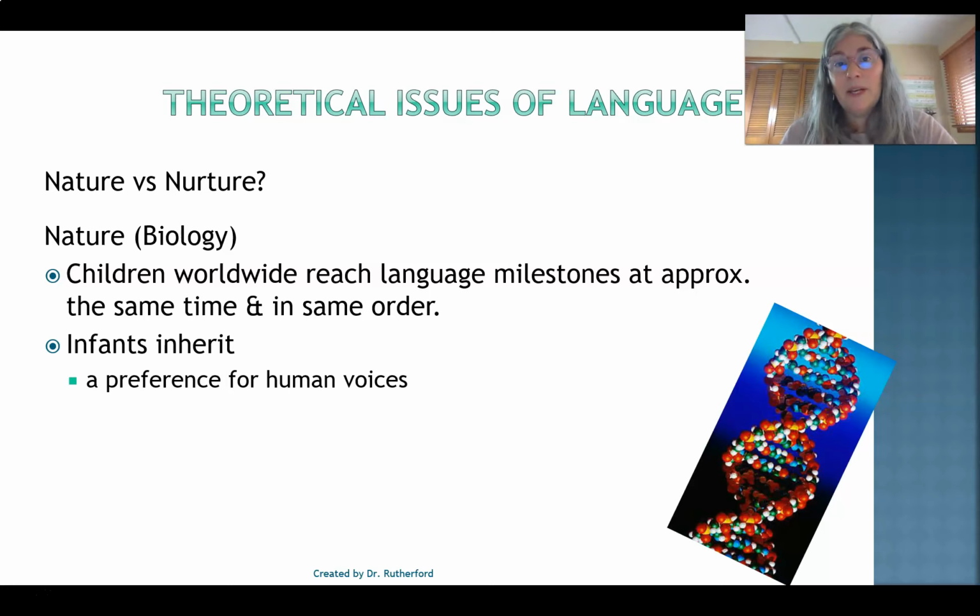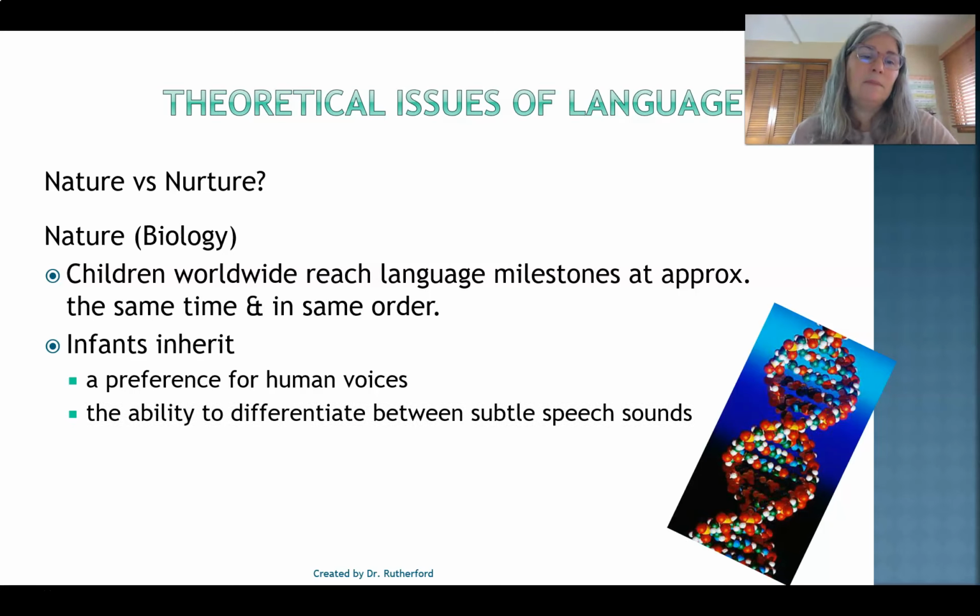Some other things that we know. Infants have a preference for human voices. Now, even more specifically than that, they have a preference for the voices of their biological mother and any caregivers that might have been around while they were in the womb. They're actually able to hear some voices while they're in the womb. And so at birth, they do have a preference for those voices. And they have a preference for human voices over other animals or other types of sounds.